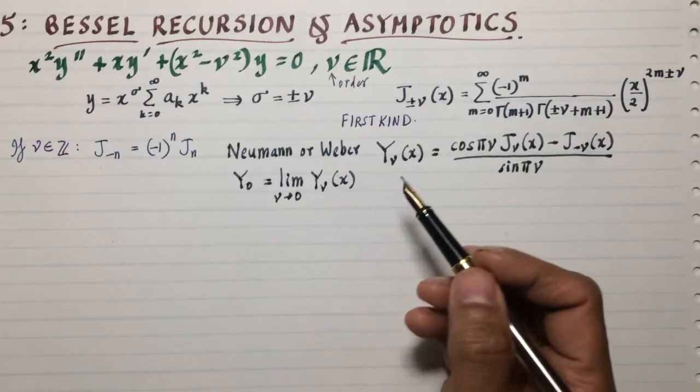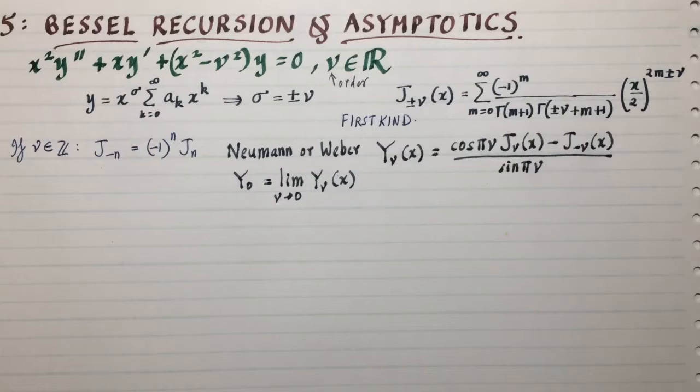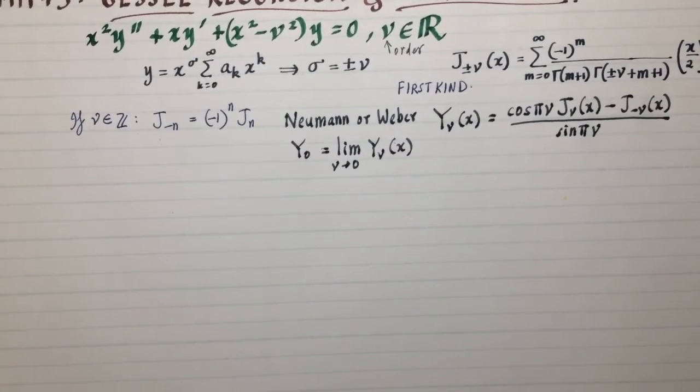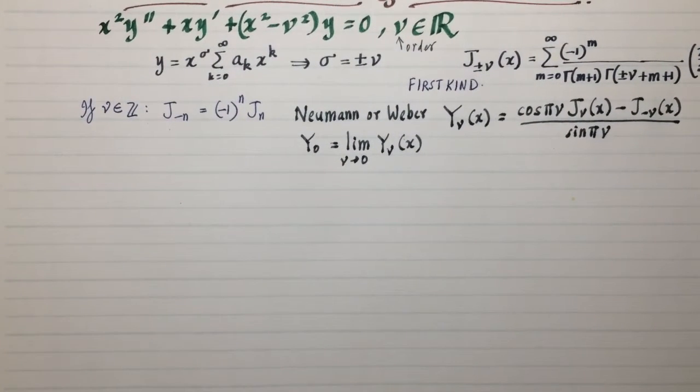Sigma equals plus or minus 0, so there's just one double root, and so the second solution is given by this limiting process. Now there are recursion relations that are satisfied by the Bessel functions as well as the Neumann functions or the Weber functions. I'll only write them for the Bessel functions because the similar expressions that you write for Neumann or Weber will be exactly identical.